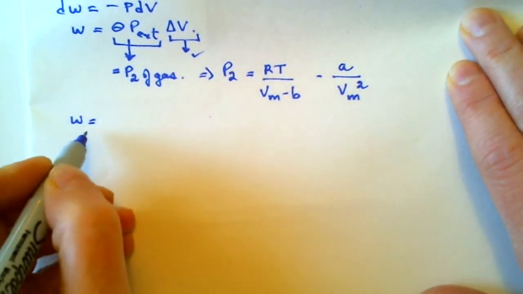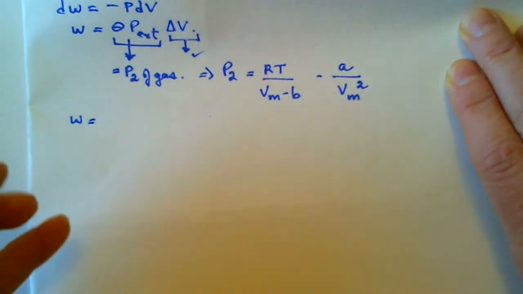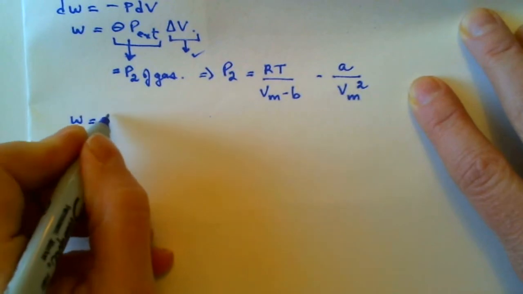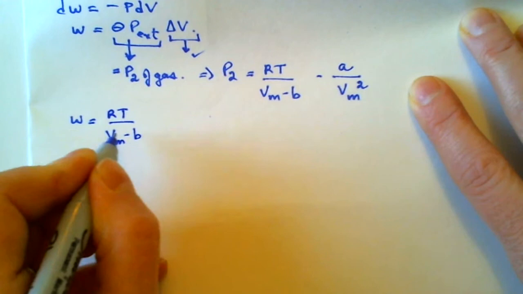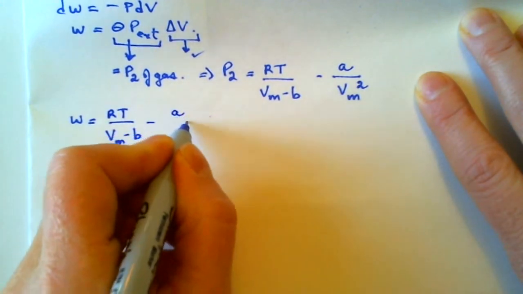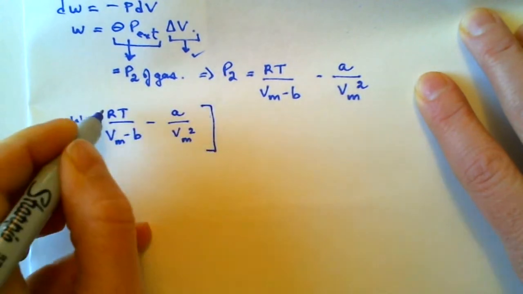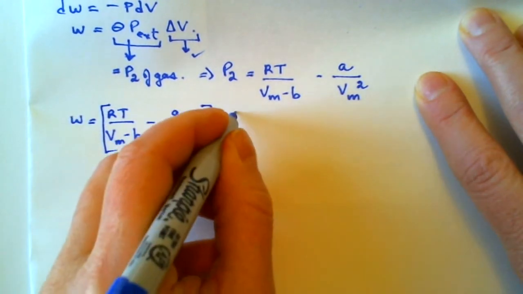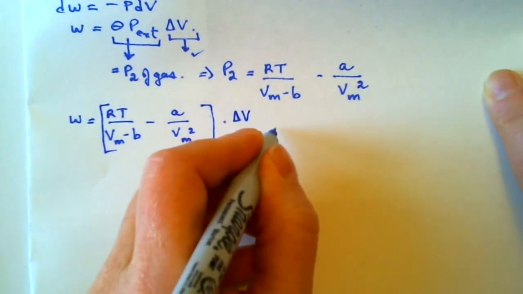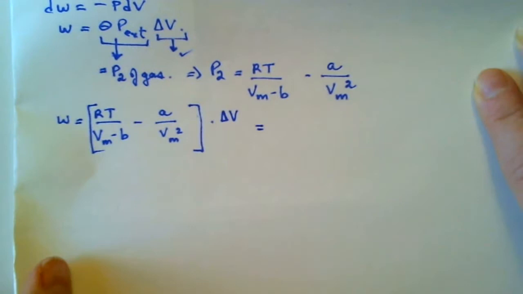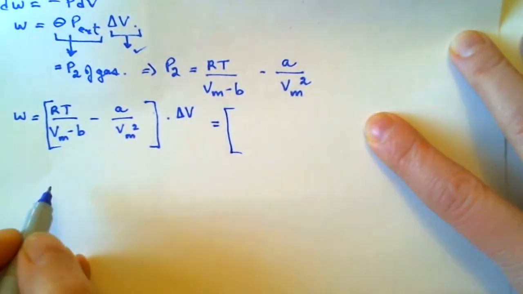I'm going to do this here on my own. I'm just going to write it out again. RT over Vm minus B, minus A over Vm squared, and all of that is multiplied by delta V. Big equations.